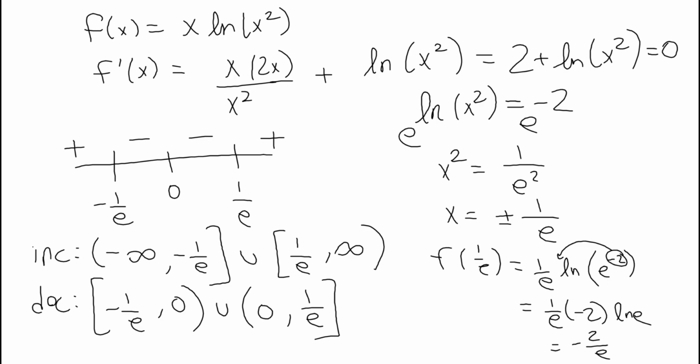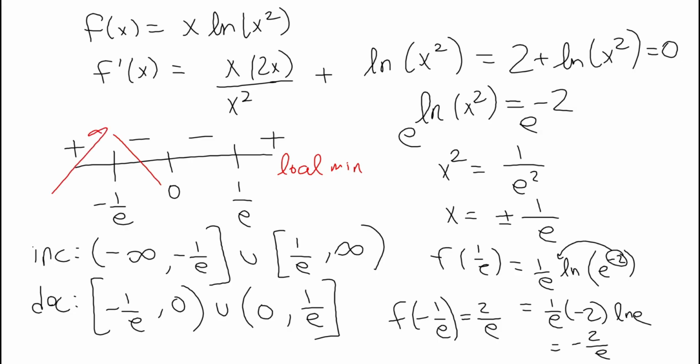And if we do the same thing with negative 1 over e, I'm not going to write out all the work for that one. It comes out to be just a positive 2 over e because of the difference in the sign there. So we would say, I'll write this in a different color so we can see it, we have a local min.